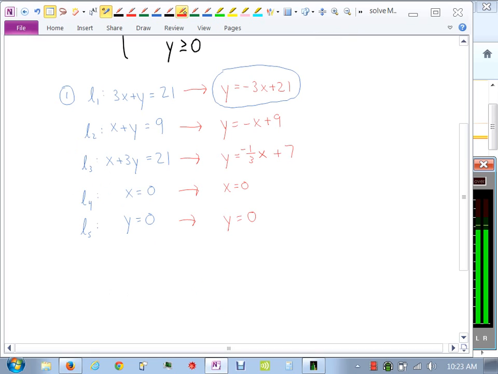I'm going to do my work for L1 back on this page. The y-intercept is 21. The x-intercept, 0 equals negative 3x plus 21. Anyone have the x-intercept for L1 yet? 7. Good.